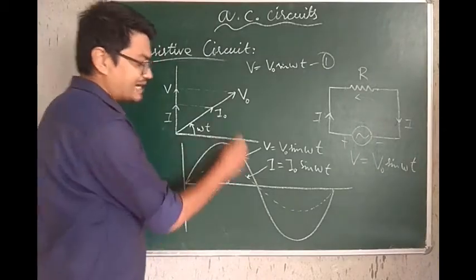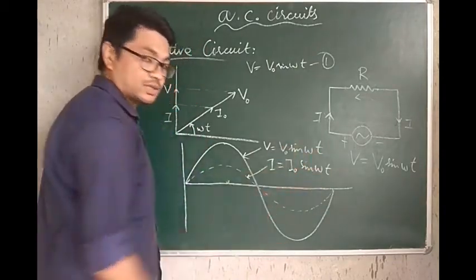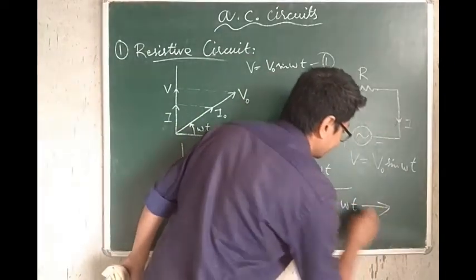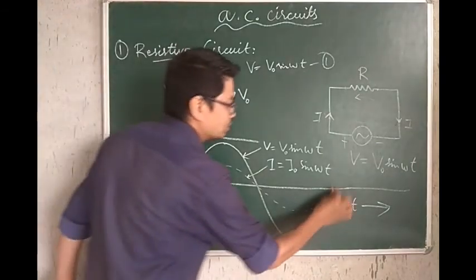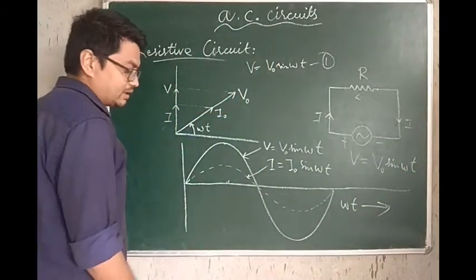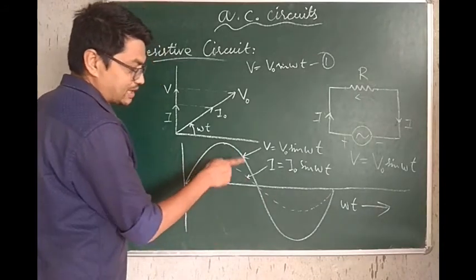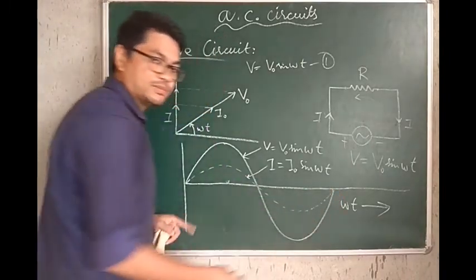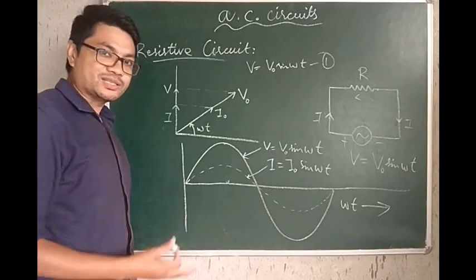So the solid line is representing the voltage curve, the dashed line is representing the current curve. Of course you are plotting omega t along the x-axis, the phase angle, and both of these go on, and you can see for a purely resistive circuit from this graph also that the voltage and the current start at the same time, end at the same time, so to say they are in phase for a purely resistive circuit.